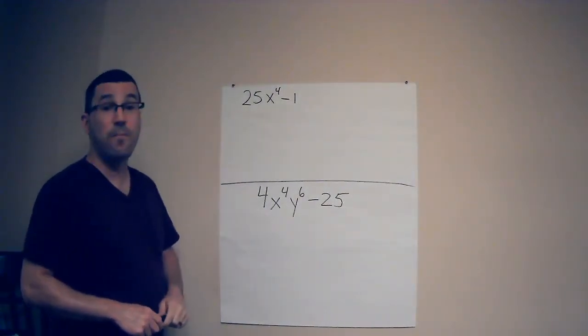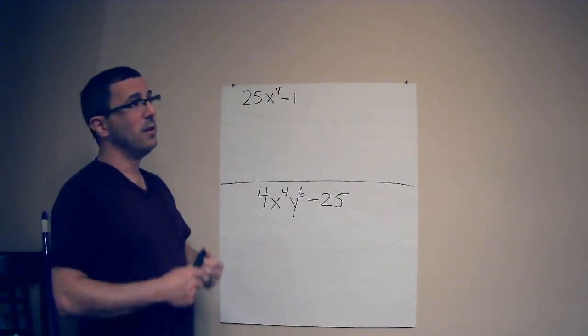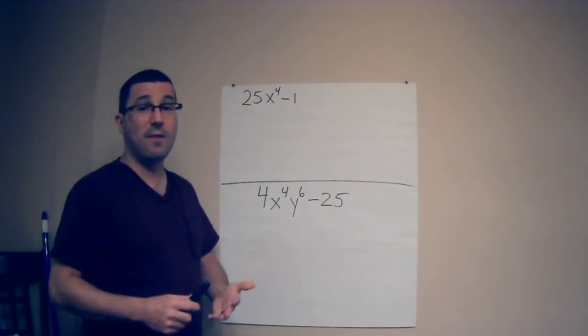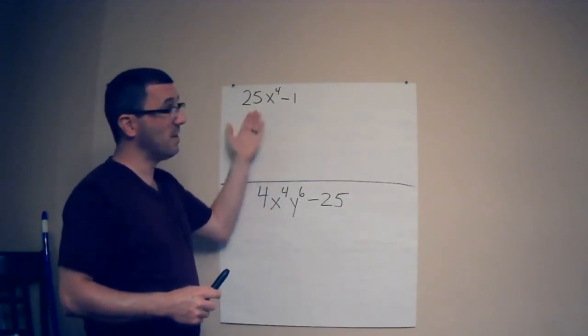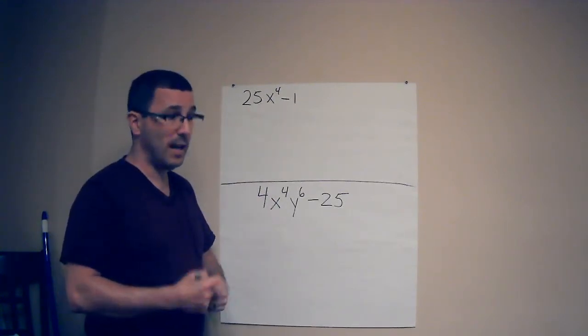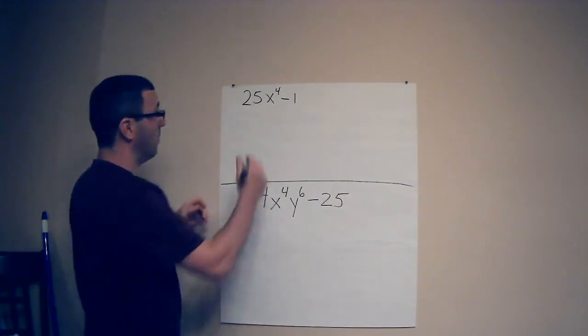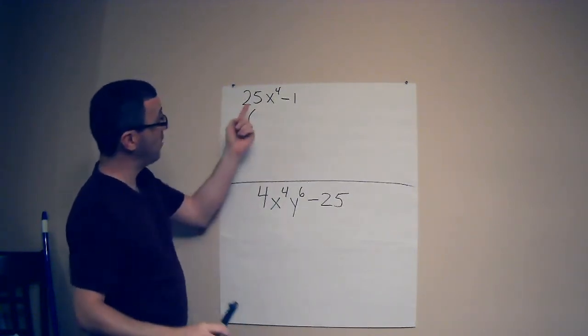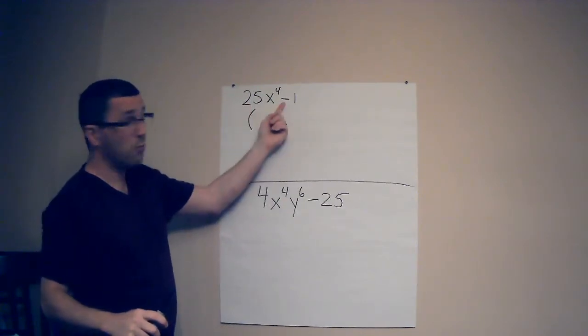25x to the fourth minus 1. Again, first thing we're going to do, do we have any greatest common factor here? Answer is no. I have a difference of two squares because I have subtraction.